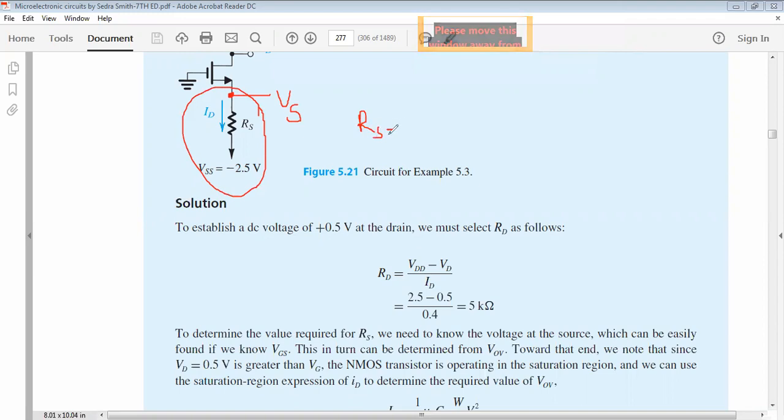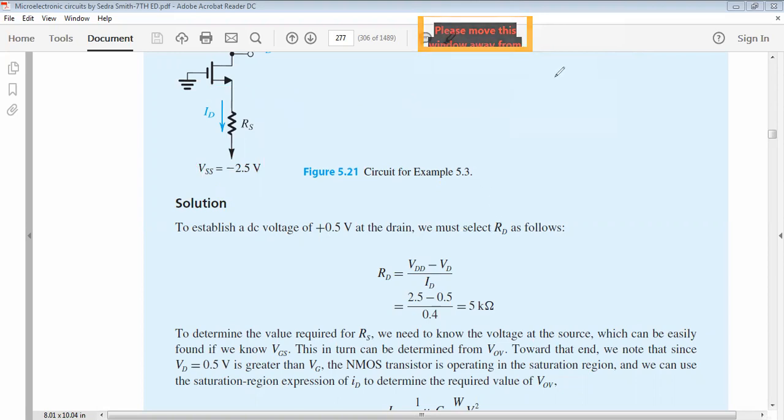Same as the previous case, RS is equal to VS, source voltage, minus minus 2.5, divided by ID current. Same as the previous calculation of RD, here RS is equal to VS minus VSS divided by ID.